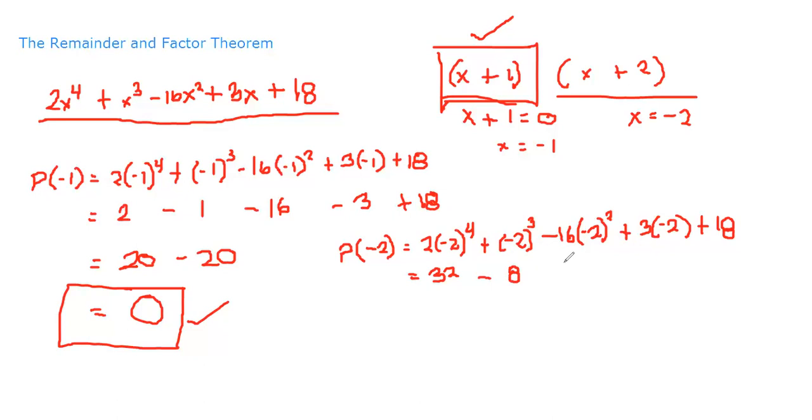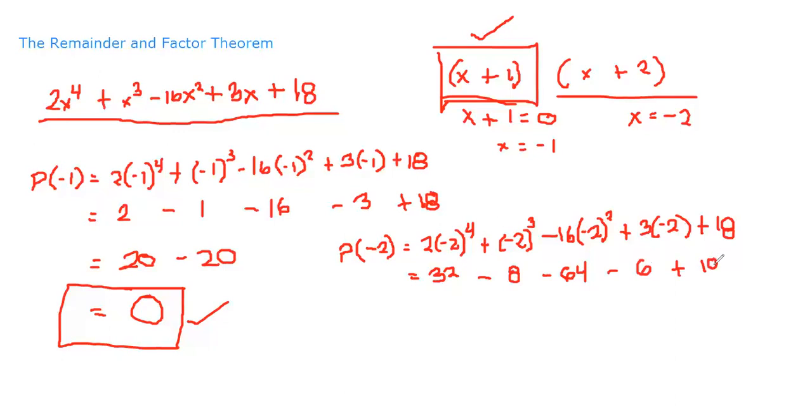So, negative 2 raised to 2, that is positive 4. 4 times 16, what is 4 times 16? 64. So, this will be negative 64. Then plus, this will be minus, kasi 3 times negative 2, that is negative 6 or minus 6 plus 18.